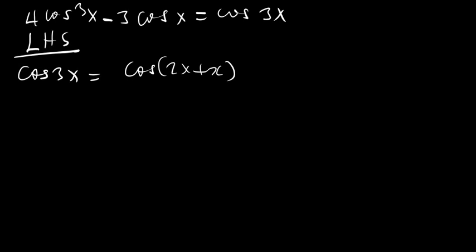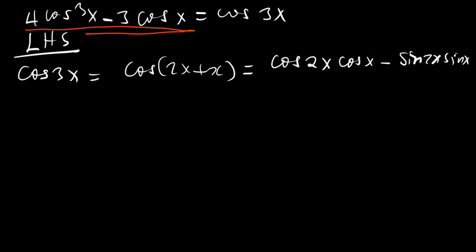Again, tell them that this, if I dismantle it, is going to be cos 2x cos x minus sin 2x sin x. I want to prove that this guy is equal to this, but I can clearly see that sine is not appearing.